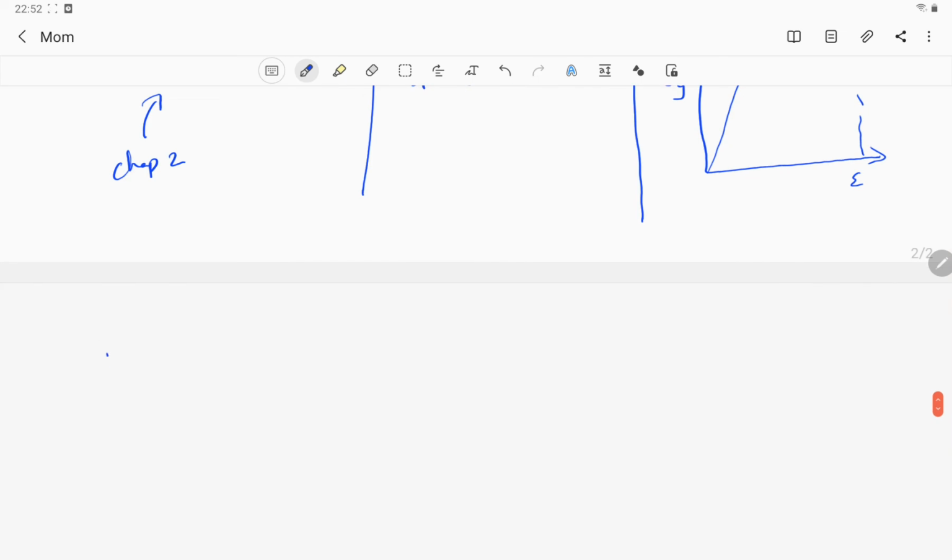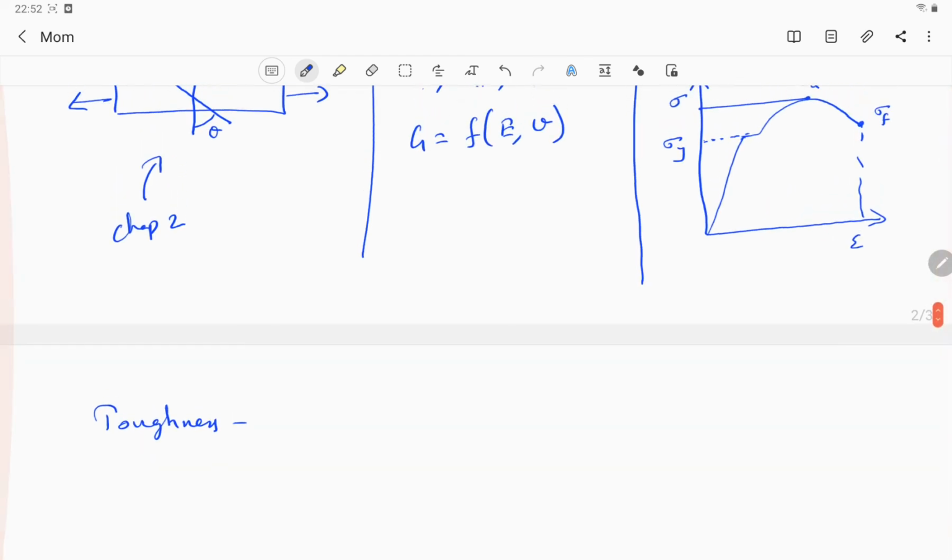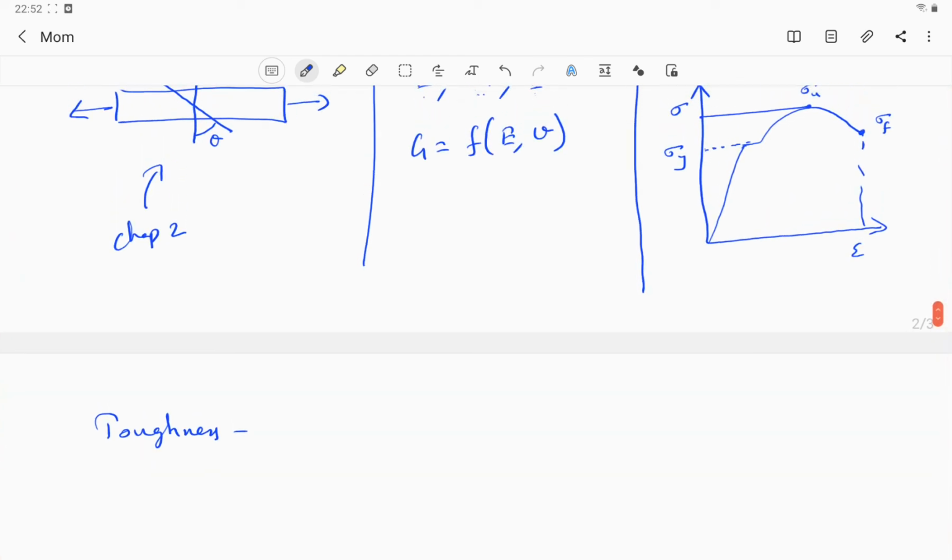One more property is toughness, which represents the energy consumed to break the specimen, energy consumed per volume. This is nothing but the integral of sigma d epsilon, the area under the curve, from 0 to epsilon f.